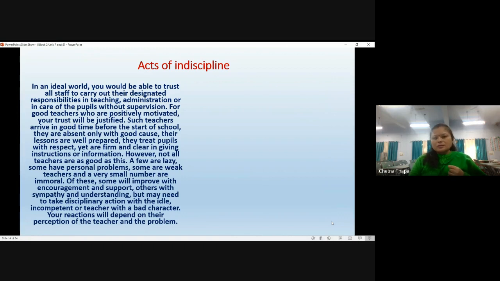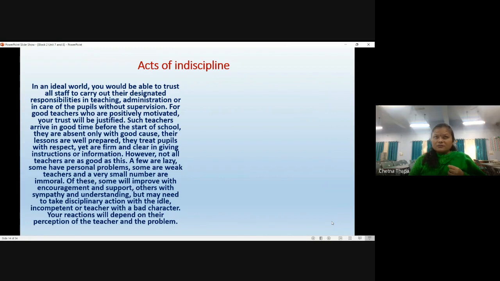But all the teachers are not as good as this. There might be a few lazy people also in your institution who have certain personal problems, but the number of these people is less. They might be immoral also.